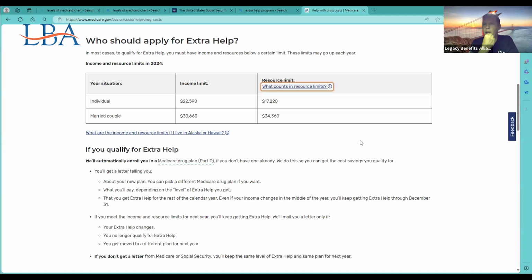Just saying, there's ways around some of the resource limits as long as you do it the right way, right? Now, should you help somebody apply for extra help? Well, if you know that they're on the verge and they may answer something incorrectly, for example, they've got $18,000 in the bank.